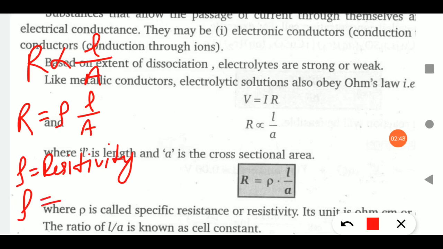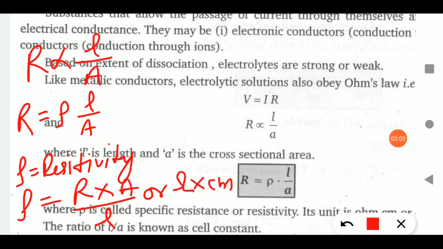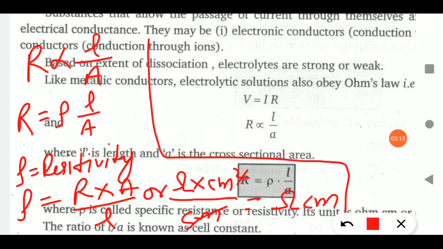R is rho into l upon A, so rho is equal to R into A upon l. The unit of R is ohm, and A is centimeter square upon length in centimeter, so the unit is ohm centimeter. This is the unit of resistivity.